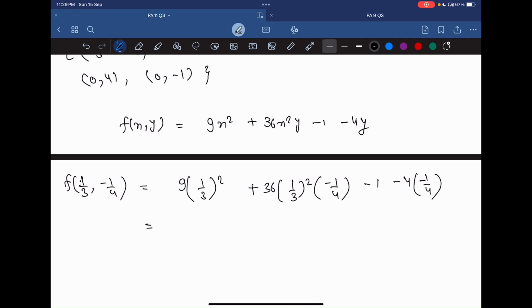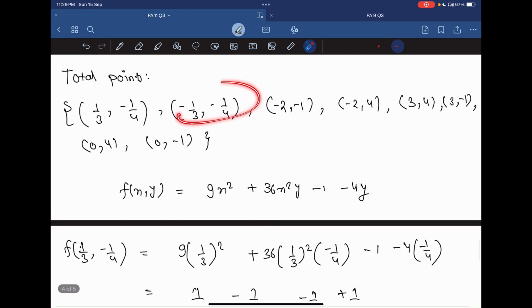So this would cancel out to 1, and here also this would become 1 by 9 into 1 by 4, so it would become 1 by 36. So this would also become 1 but negative, and this negative 1, and here it would become positive 1, so we will get 0. So the function value at this point is 0.